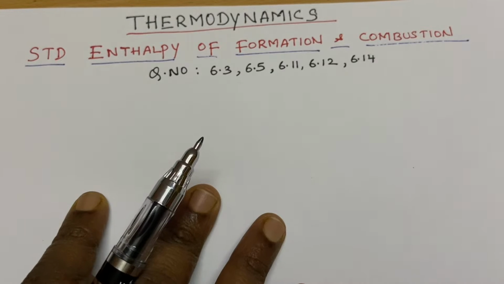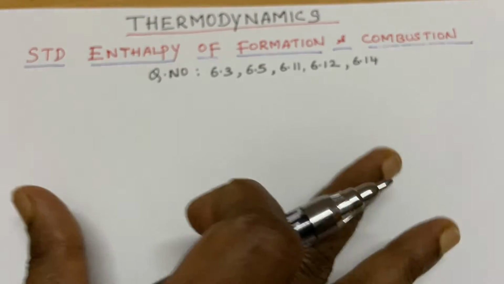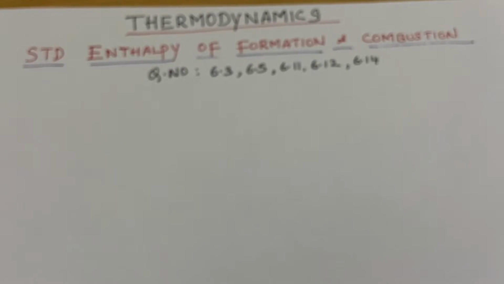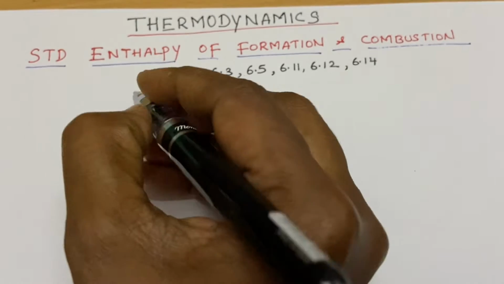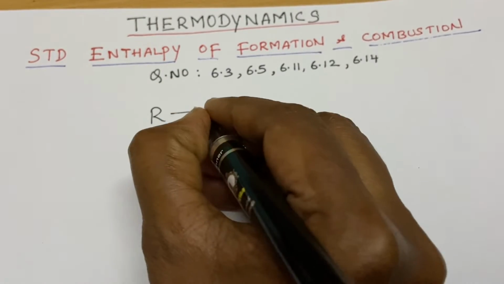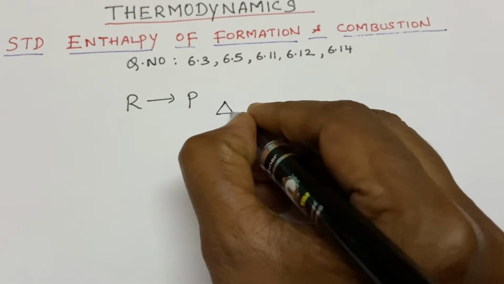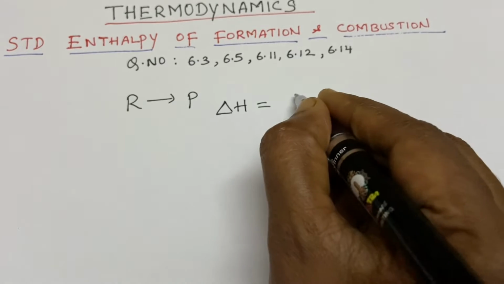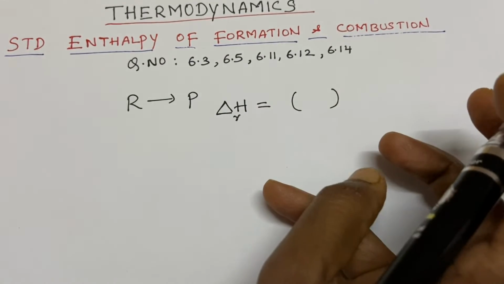So what is standard enthalpy of formation and standard enthalpy of combustion? See, this is the most important part of thermodynamics, students, so most of the questions will be asked from this section only. There will be a reaction, and you know that for each and every reaction there will be some enthalpy change, isn't it? You have to calculate the enthalpy change of a particular reaction.